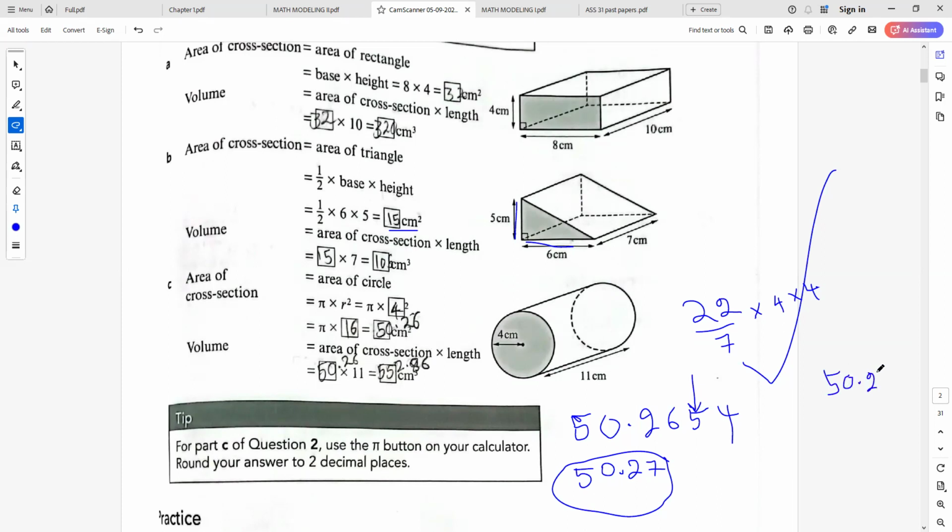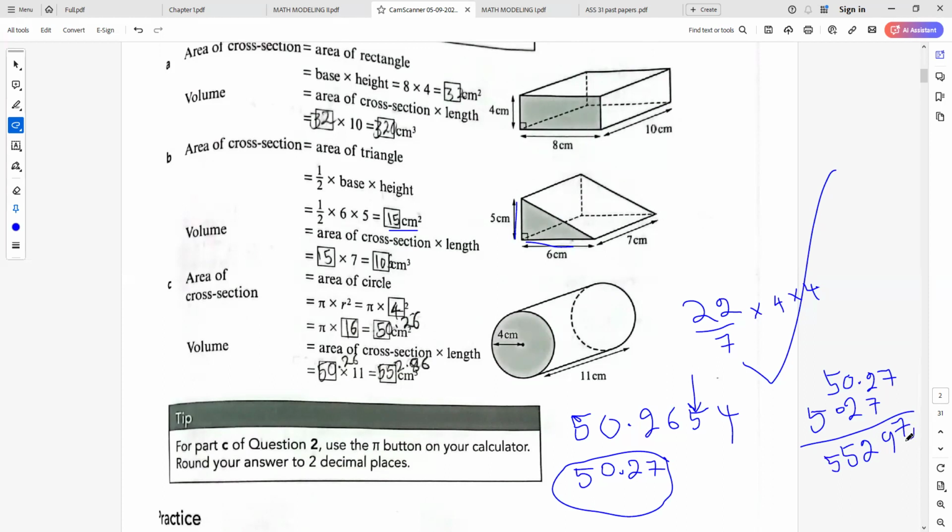50.27, then 50.27, right? So if I multiply 50.27, then 7, 9, here 2, here 5, here also 5. So the total decimal places is 4.